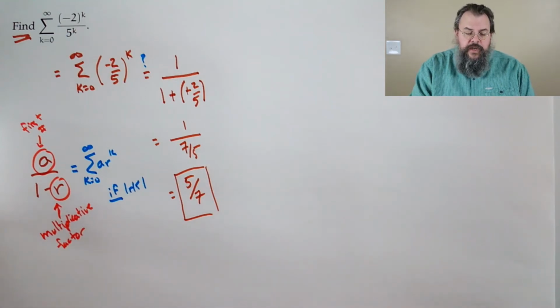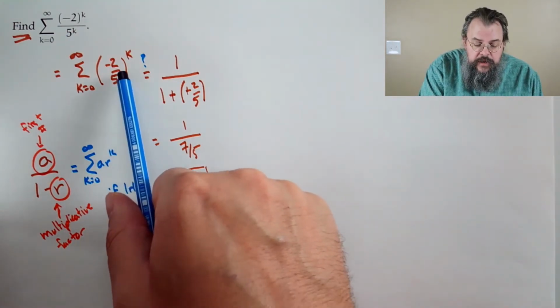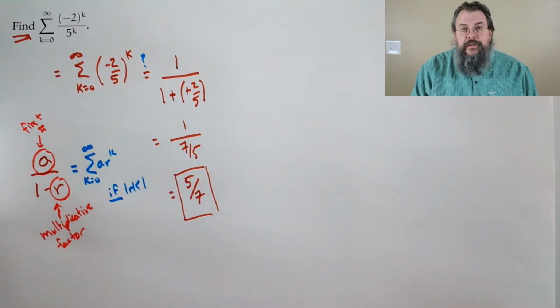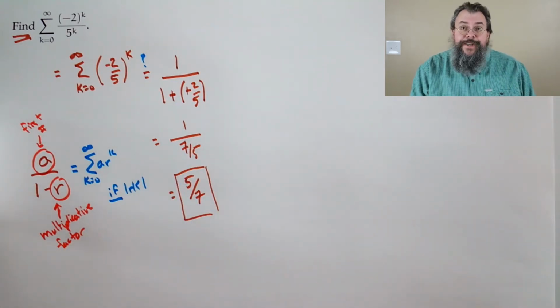So one thing we should have said, and we'll say it now, is this is a small number. Negative 2/5 is small enough, and therefore this is a valid step. And so, good, we're done.